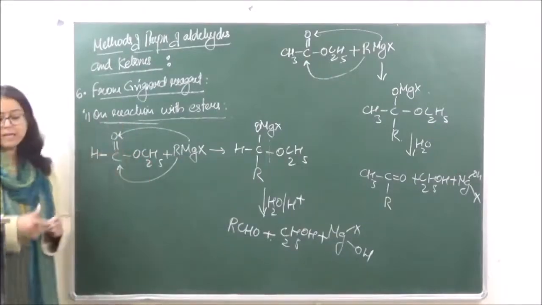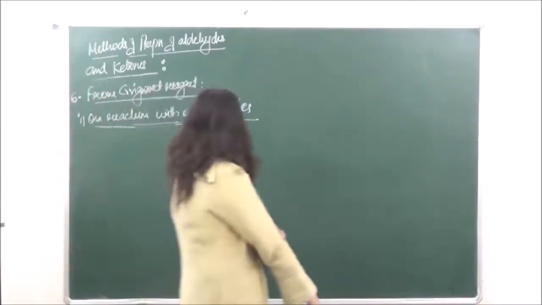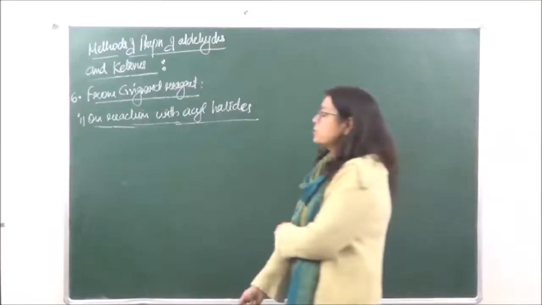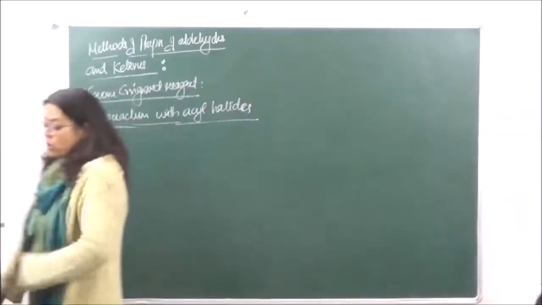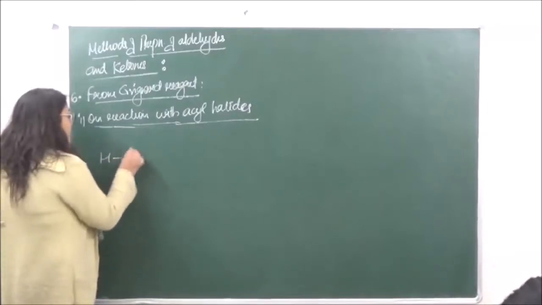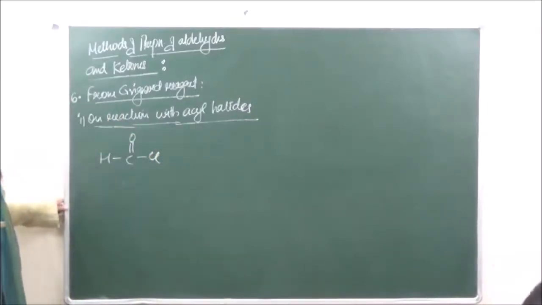So similar kind of reaction can also be done with acyl halide. Okay, so we were doing this reaction. It is with Grignard reagent. This is also going to follow the same mechanism because it is going to have a C double bond O. So we're taking over here a formyl fluoride. This is going to be formyl fluoride.